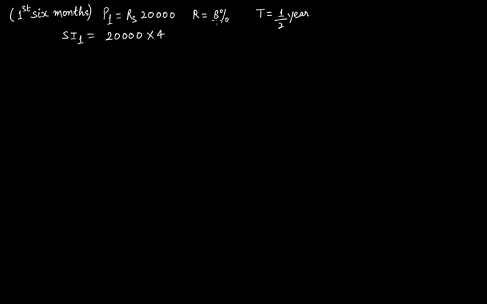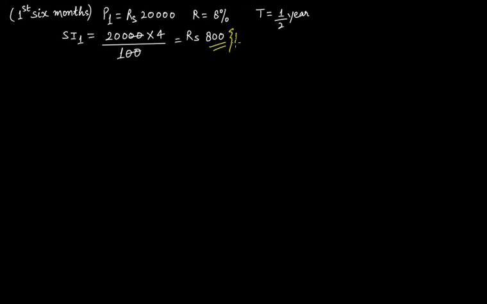Why? R, that is 8 multiplied by half, means 4. The rate gets halved. So this is 100. You get here rupees 800. Okay, so this is the interest for this first period of 6 months.